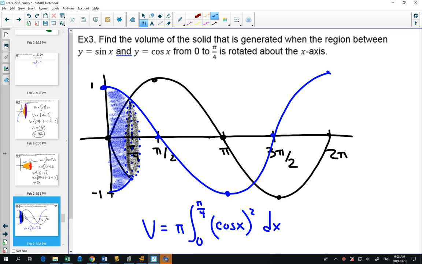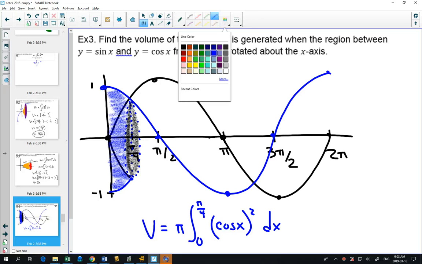Now, if I only wanted the volume between the cos and the sine graph, can you see that I would need to erase or take out the area or the volume under sine? So again, I'm going to color over top here. I think I need to go to like a light gray.